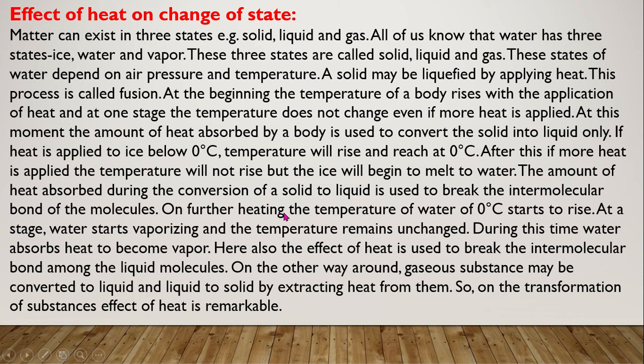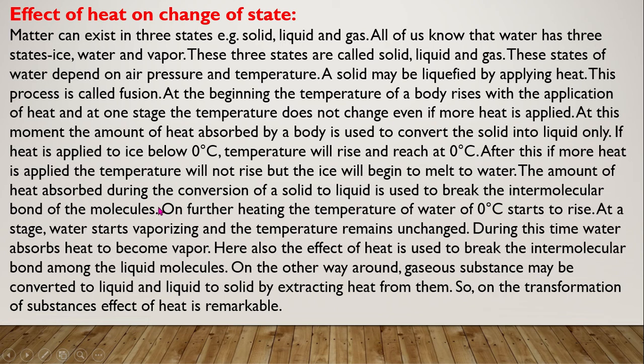So if heat is applied to ice below 0 degrees Celsius, the temperature will rise and reach 0 degrees Celsius. You know, the melting point of ice is 0 degrees Celsius. So at 0 degrees Celsius, the ice starts to melt. After this, if more heat is applied, the temperature will not rise, but the ice will begin to melt into water.